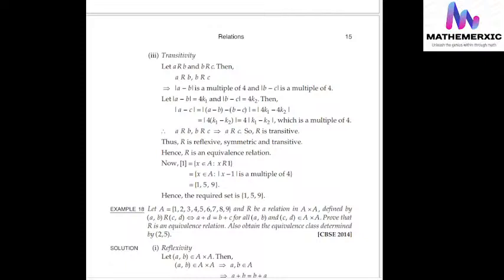So R is transitive, and thus R is an equivalence relation.